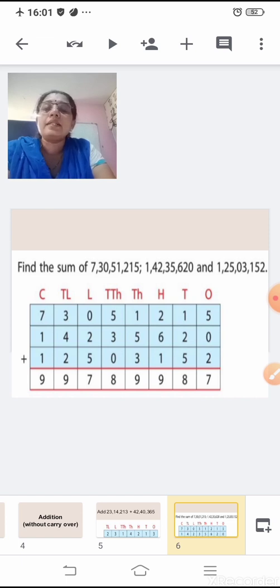The second addend is 1 crore 42 lakh 35,620. And the third addend is 1 crore 25 lakh 3,152.